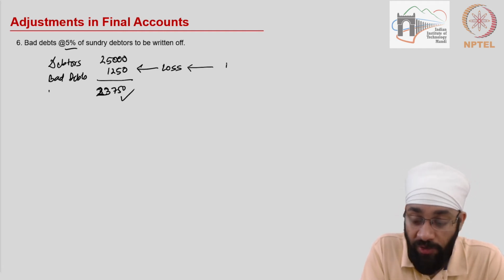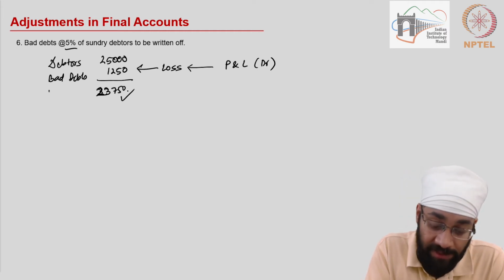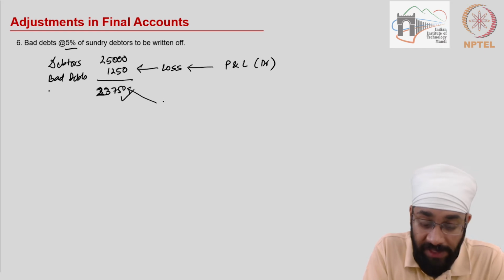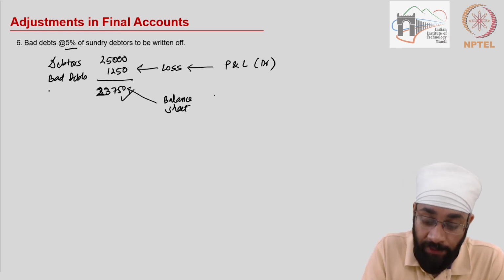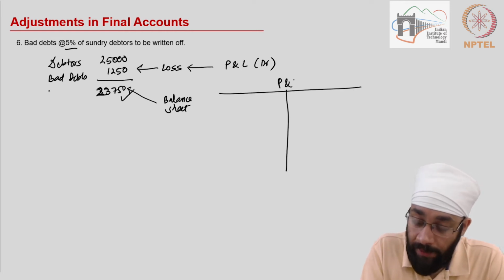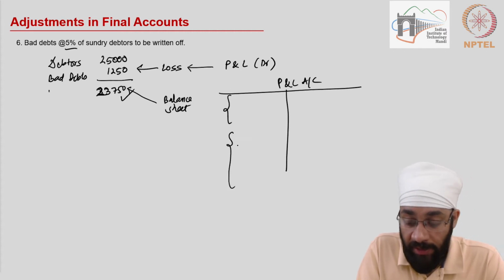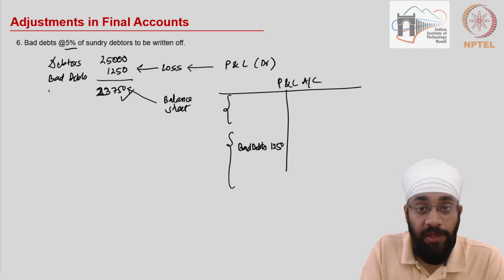The loss goes to the profit and loss account debit side, and the new balance is shown in the balance sheet. These are the two impacts. Let me illustrate them. In the profit and loss account, you have two sections. In the second section, you are going to write bad debts, 1250.